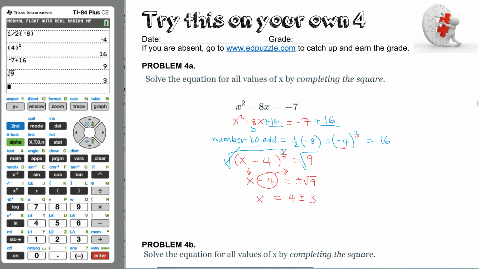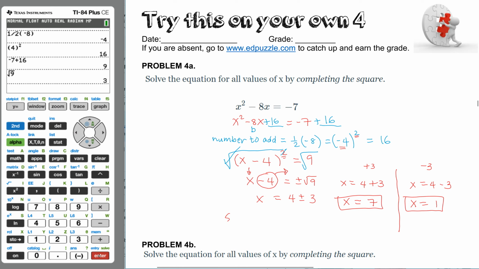Here we can now split the two solutions, the plus minus 3. The first one is plus 3, the other one is minus 3. So when I write this, it would be x equals 4 plus 3 and x equals 4 minus 3. That is what we are splitting there. So x equals 4 plus 3 is 7, and the other one is 4 minus 3 equals 1.